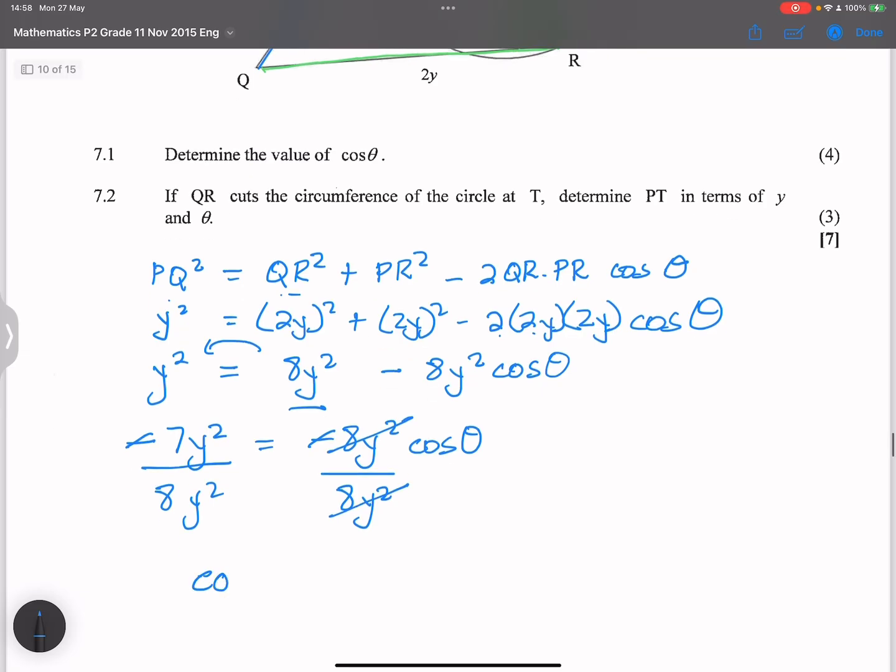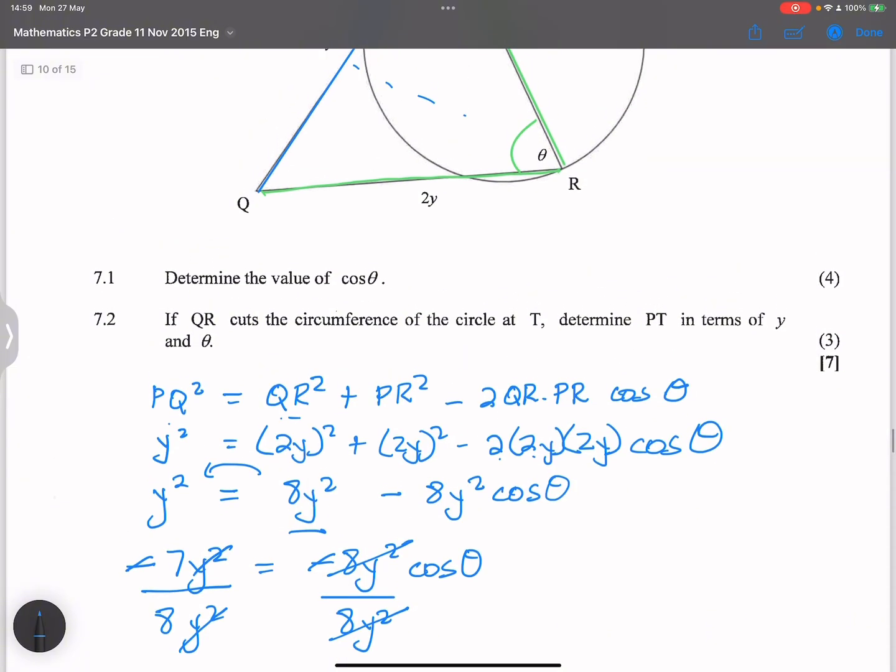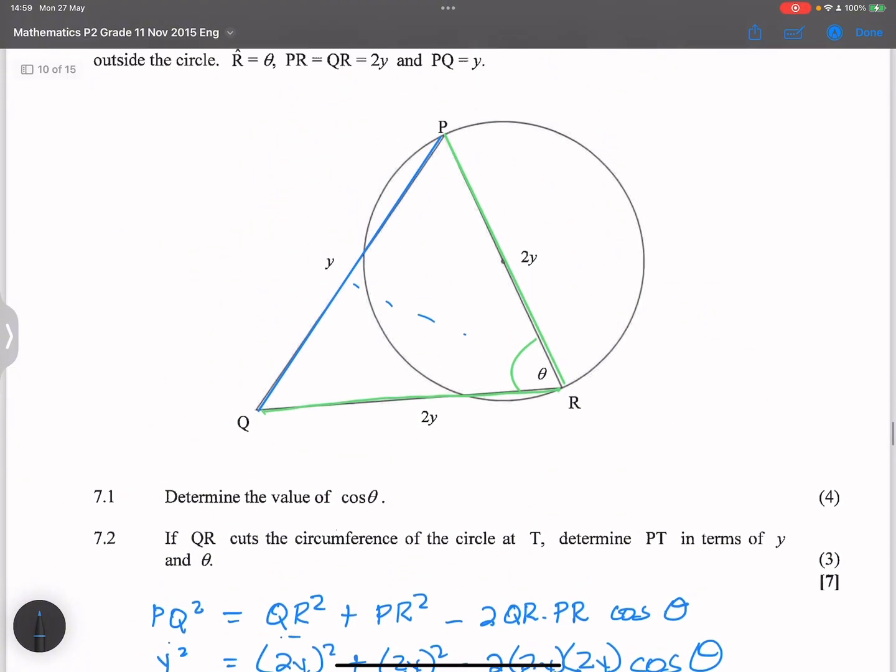And so the cos of theta, they said they wanted the value of cos theta. So cos of theta is equal to, now we're left with 7/8, right? So that is the value of cos of theta. It is equal to 7/8. Okay, right. Now they say to us, if QR cuts the circumference of the circle at T, so where's QR?